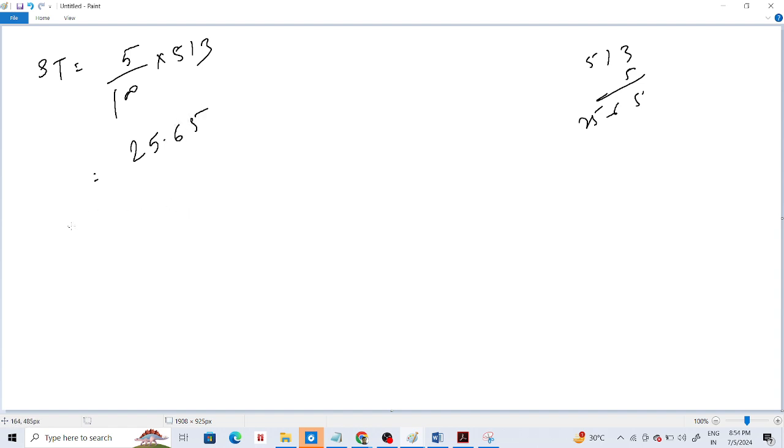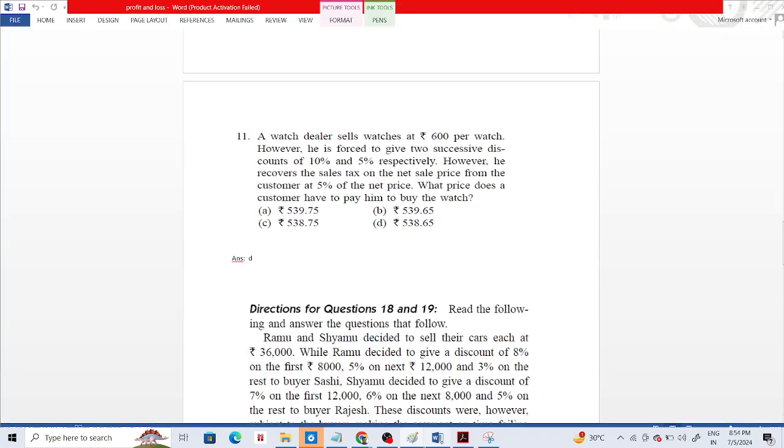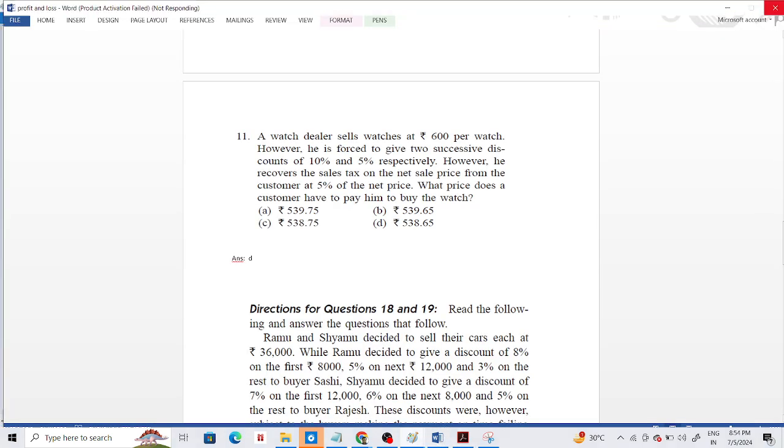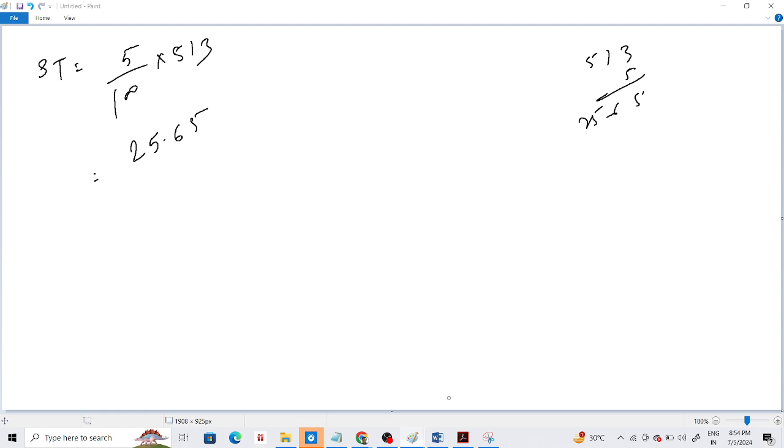Okay, so that means, so now you see, this is the sales tax that this seller needs to pay to the government.